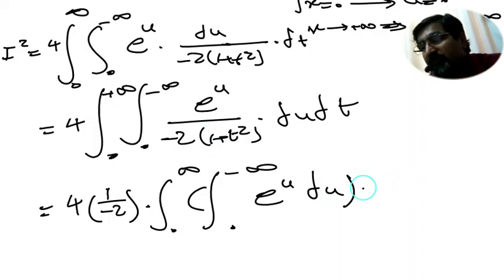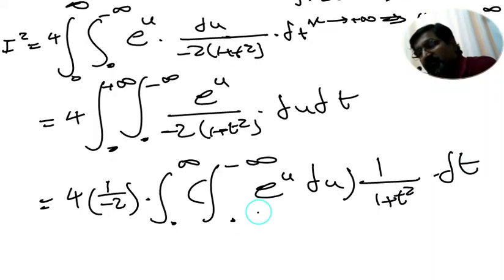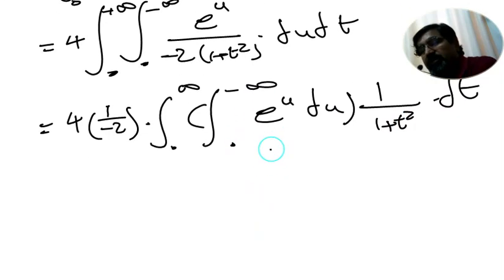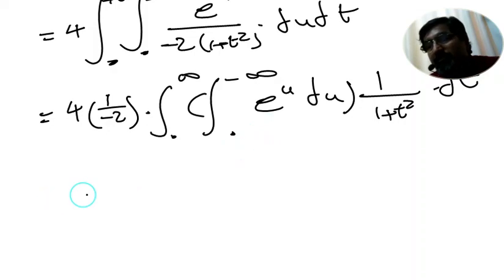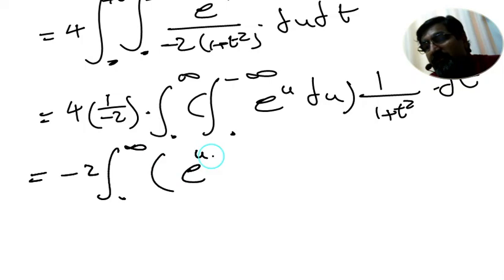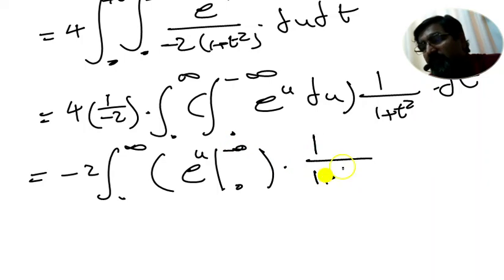Also we have 1 over 1 plus t squared dt. The integral of e raised to u is also e raised to u, so minus one half times the integral from 0 to infinity of e raised to u from 0 to minus infinity, times 1 over 1 plus t squared dt.